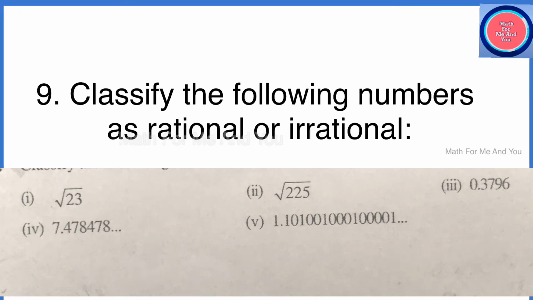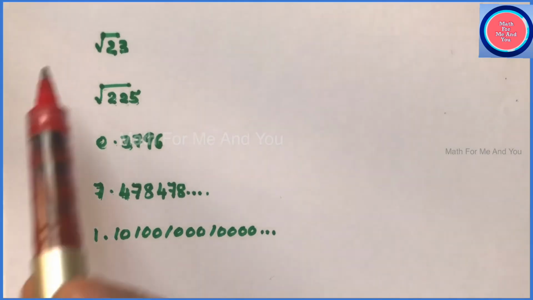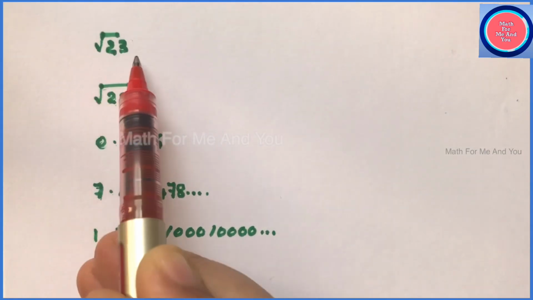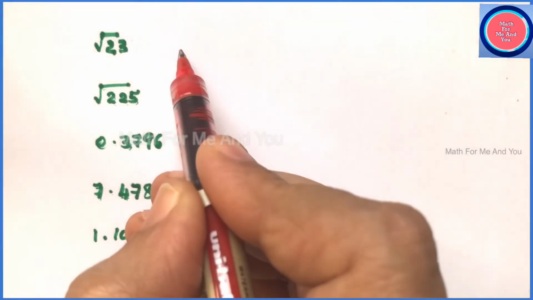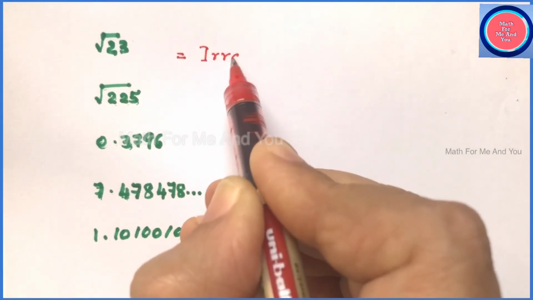Next question, we have to classify the numbers as rational or irrational. See, what are rational numbers, irrational numbers, what their specialties are, you can check from here. First is root of 23. Is it rational or irrational? You can see the under root number is not a perfect square. We cannot write it in the form integer by integer.